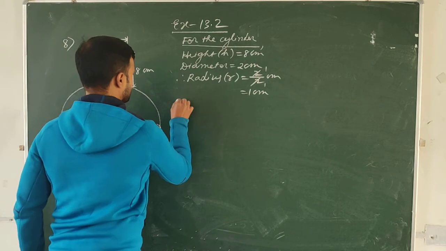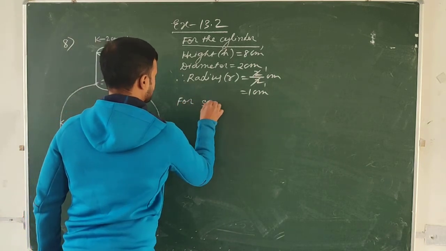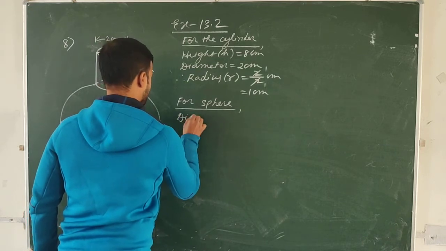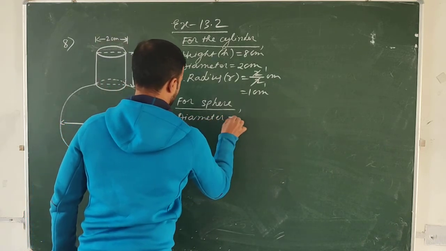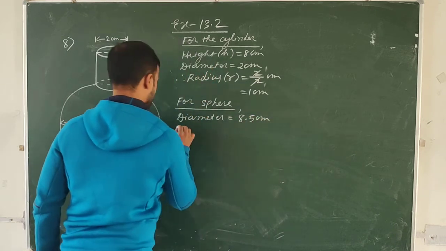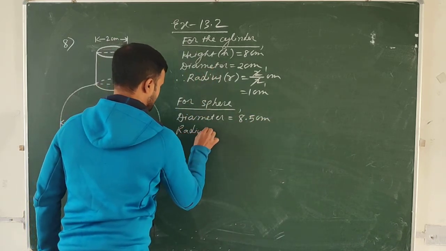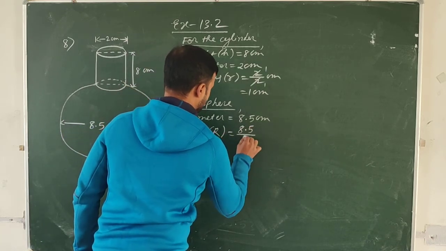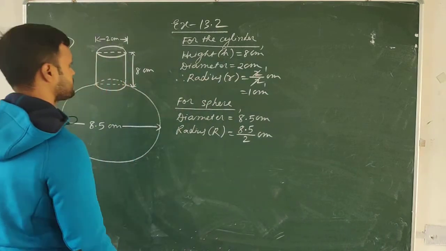For the sphere, diameter is equal to 8.5 centimeter. Radius capital R is equal to 8.5 by 2 centimeter.